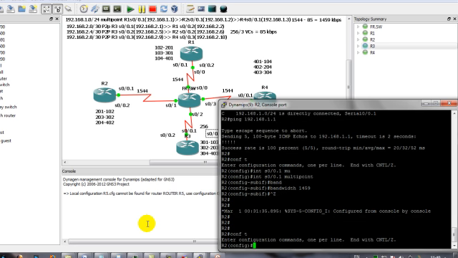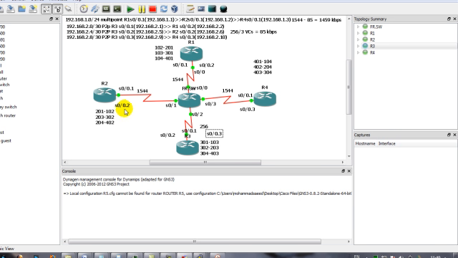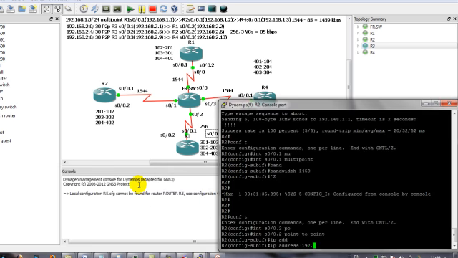Config interface 0/0.2 with point-to-point, because this contacts Router 3. The IP address for Router 2 will be 192.168.2.6, 255.255.255.252.